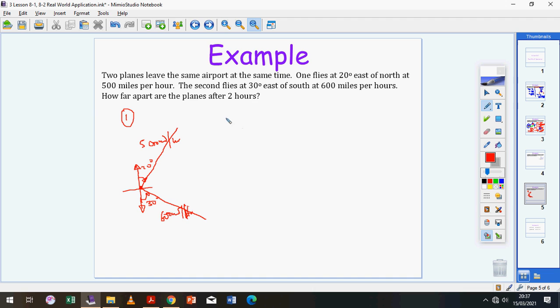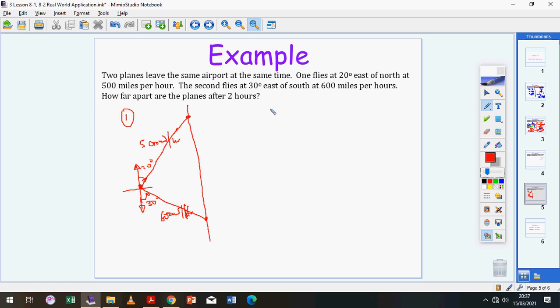How far are the planes after 2 hours? So let's try to figure that one out. How far apart are the planes after 2 hours? Now, if this is traveling at 500 miles per hour, then after 2 hours, how far away do you think it is from where it started? Well, distance is speed times time.